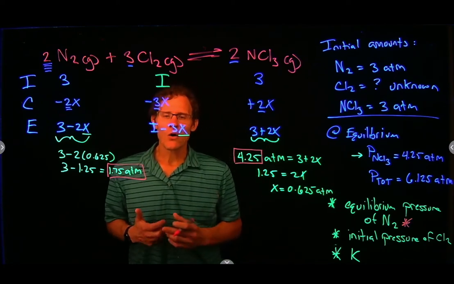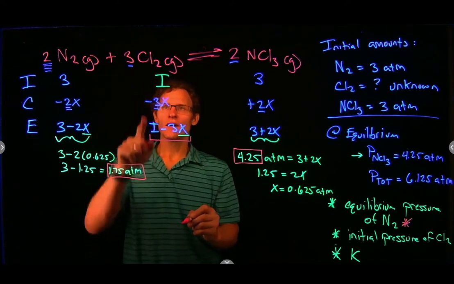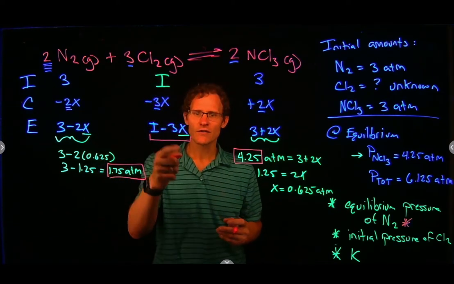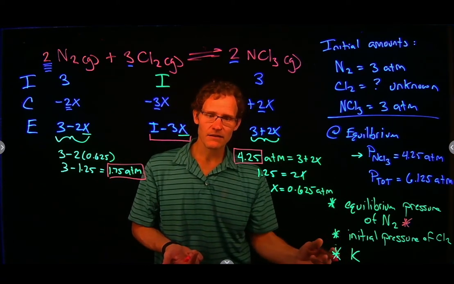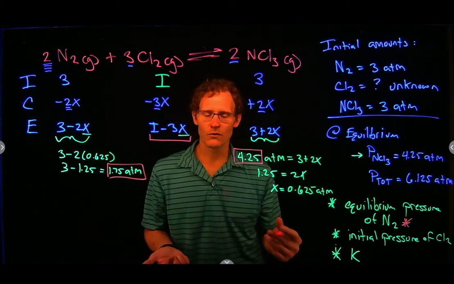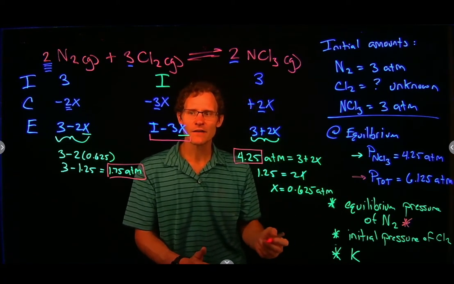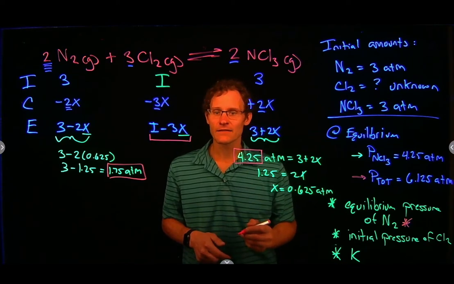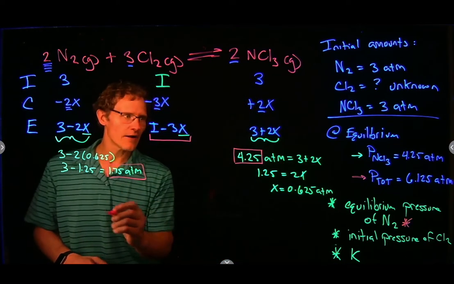We do not know the equilibrium pressure of our chlorine because we don't know the initial amount, so we can't calculate K yet. However, we can leverage the total pressure to allow us to figure out what I is. Okay? So let's go ahead and do that.